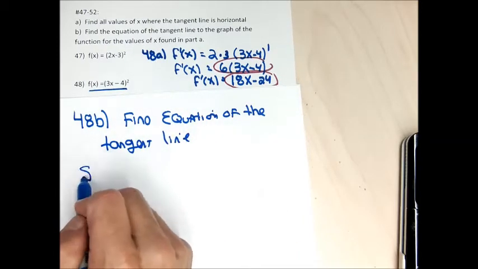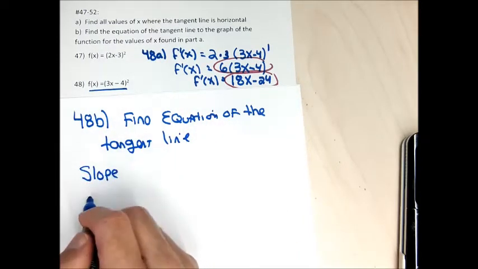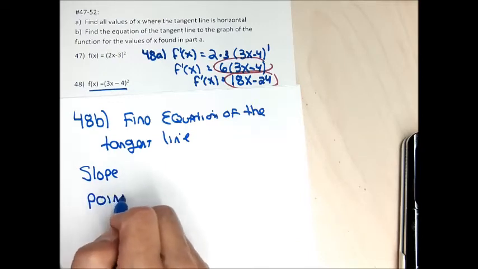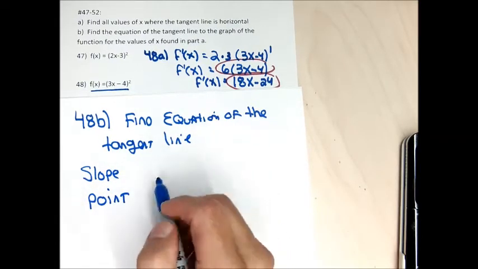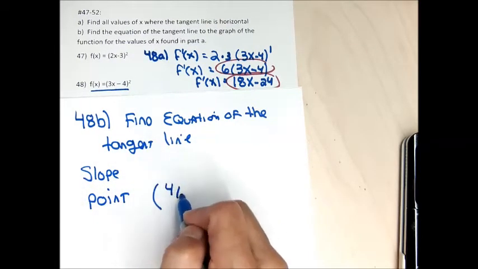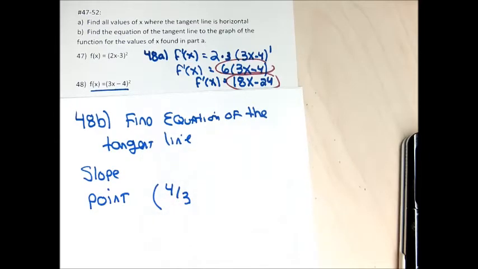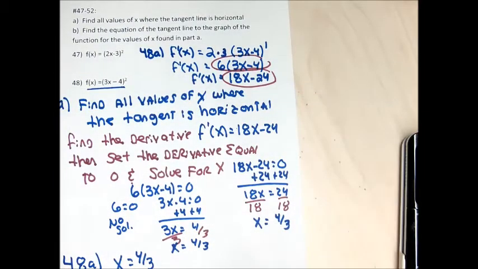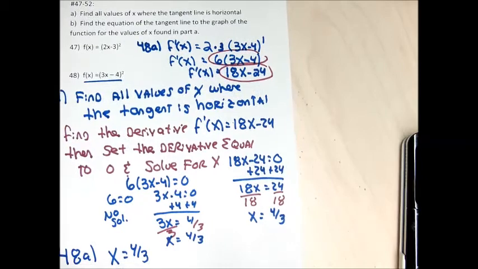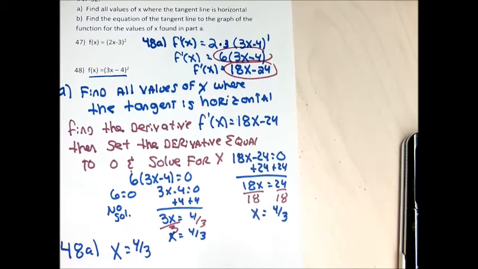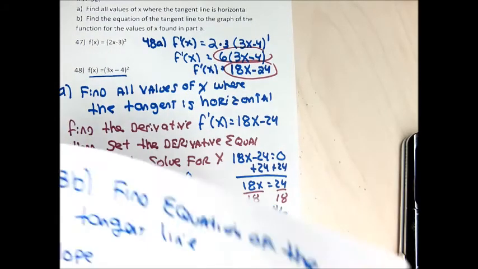I need a slope and a point. And the point is going to have an x-coordinate of 4/3 because that's what my algebra gave me when I did 48a. That's the value of x where the tangent line is horizontal.